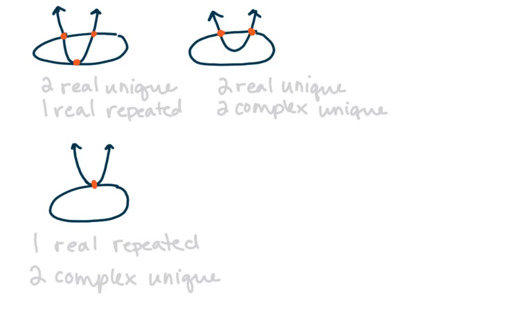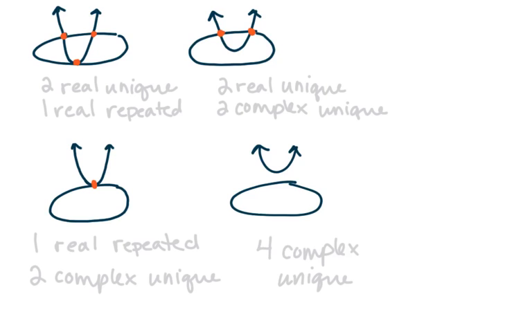And the last situation that could occur if we had an ellipse and a parabola would be that they don't intersect at all. No real solutions. So in that situation, we would have 4 complex or imaginary, unique, all different solutions.